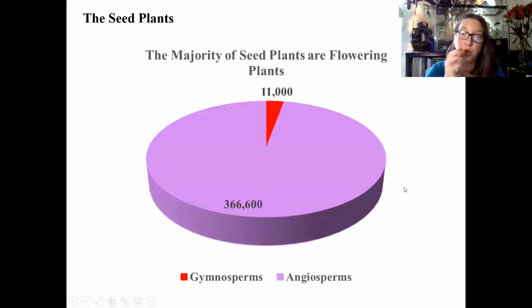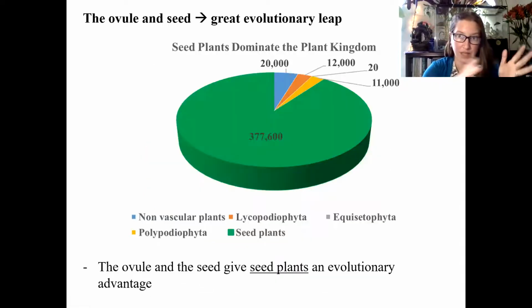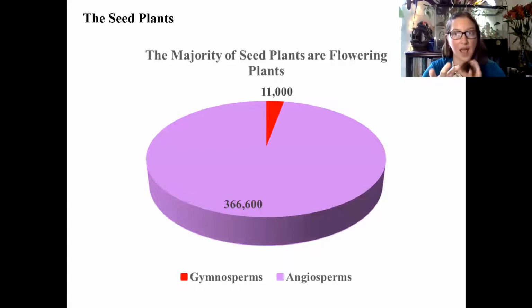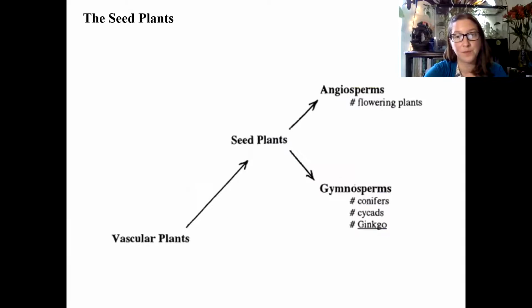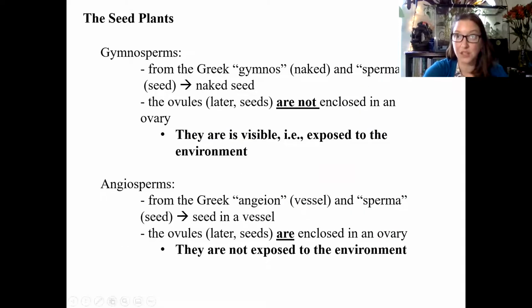And if we were to take the green part of this pie and look at just that, so this is only seed plants, the majority of the seed plants are our flowering plants, or angiosperms, right? This is just a little recall, because we did talk about this a bit last class too, in that gymnosperms and angiosperms both have ovules, and both have seeds.